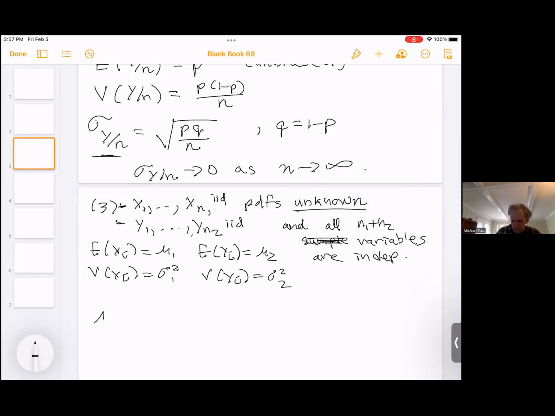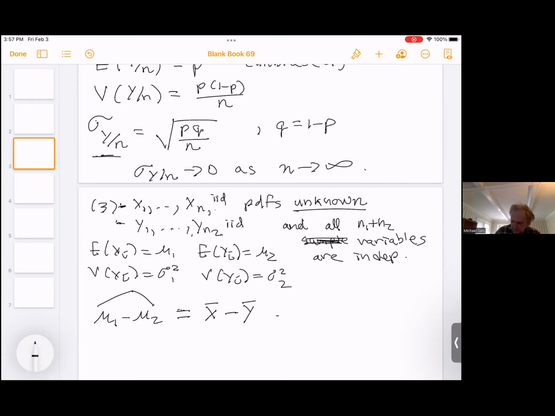So mu1 minus mu2, we should put a hat over the whole thing. We want an estimator for the difference in the means. A reasonable intuitive estimator of this difference, which could be negative, 0, or positive, is the difference of the sample means, x bar minus y bar.